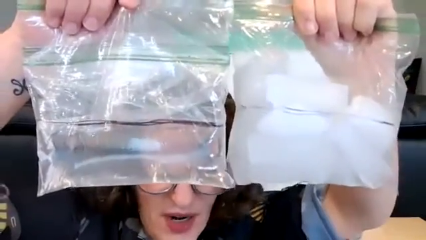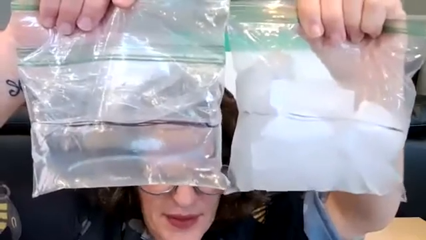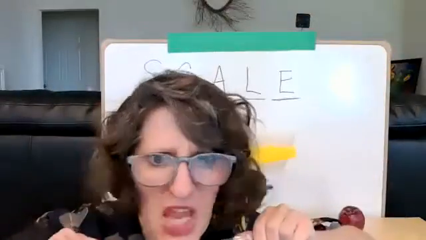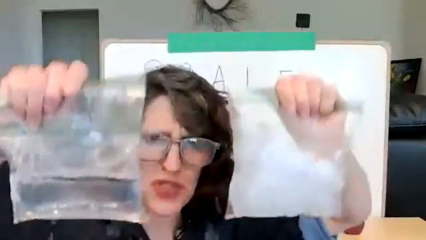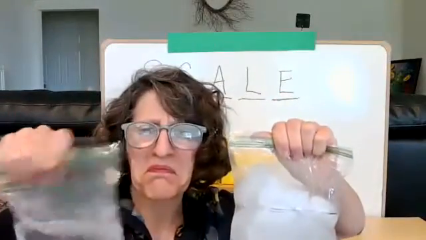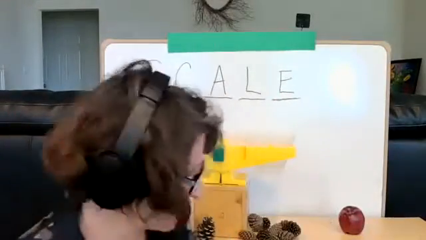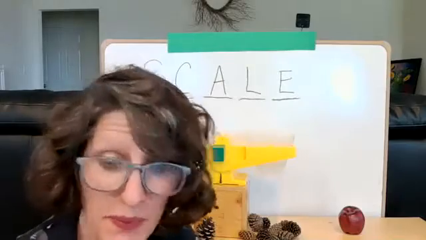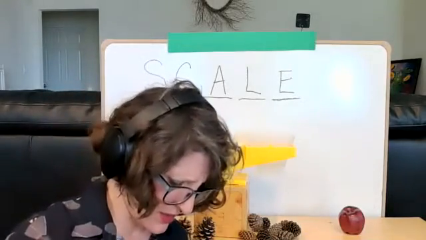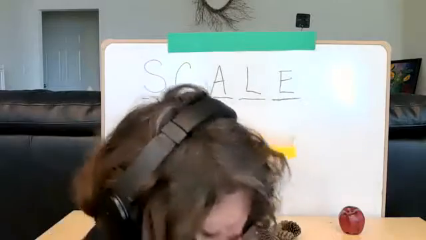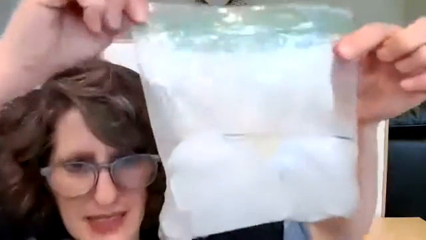Now, I drew lines on here. Do you think that's fair? Are they the same? No, there's more in here. I can see them. It comes over the top. Don't you think they should start out the same? I do too. So I'm going to take some out because I want this to be a fair experiment. So you tell me, does that look right?